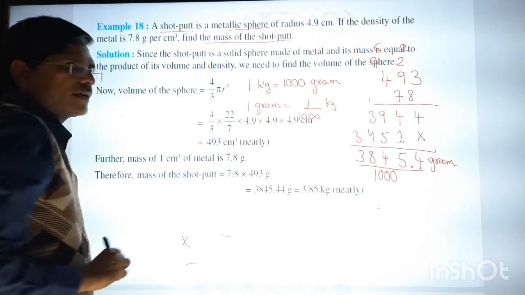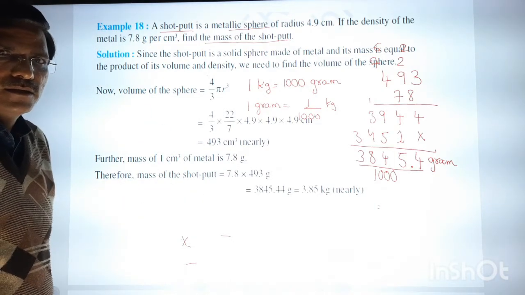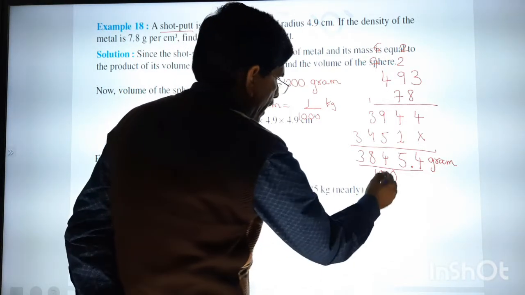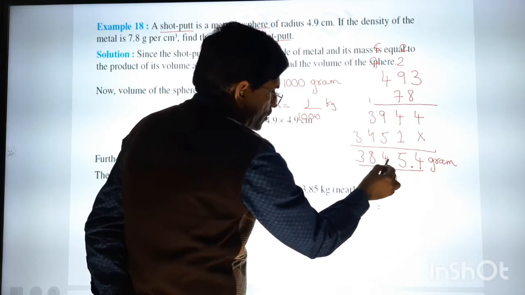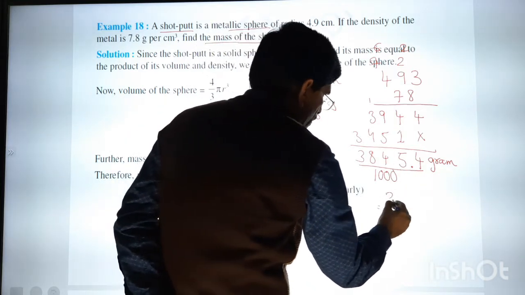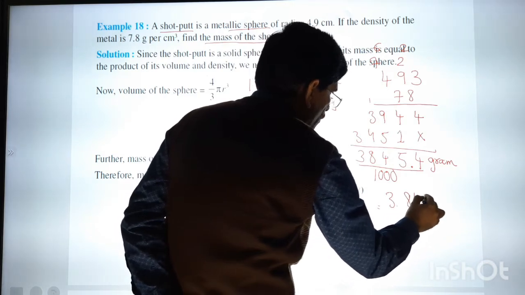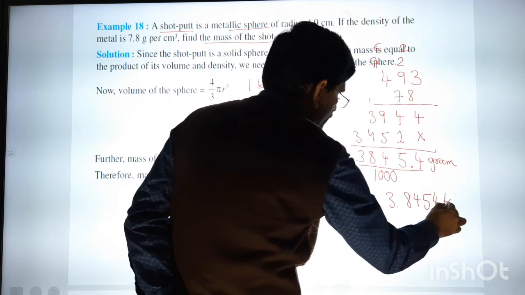So here gram is there, and I want to convert into kg. So I have to divide it by 1000. Then what is the answer? After the point, 1, 2 and 3 digits are there. So 3.8454 kg.